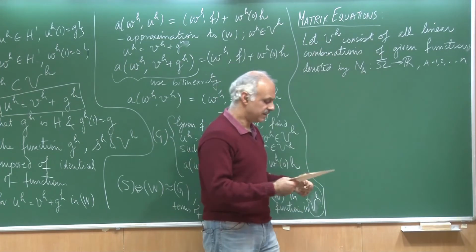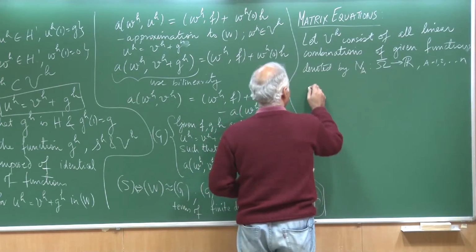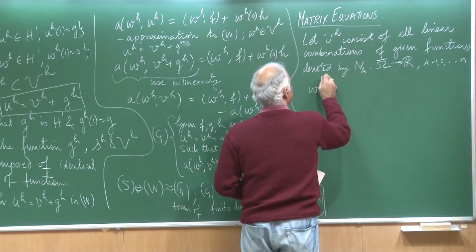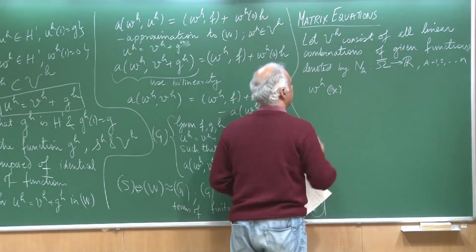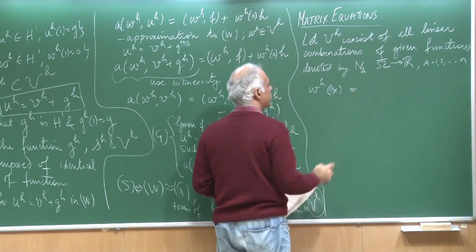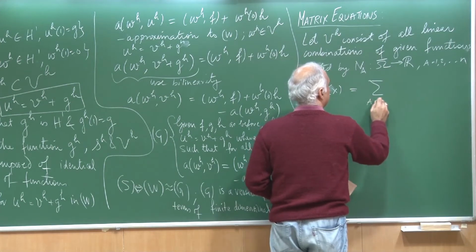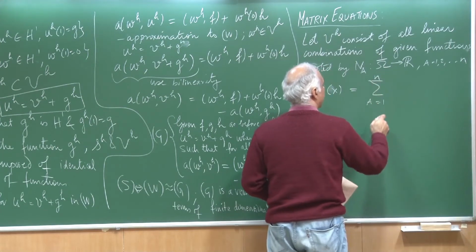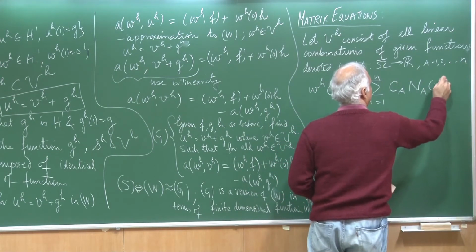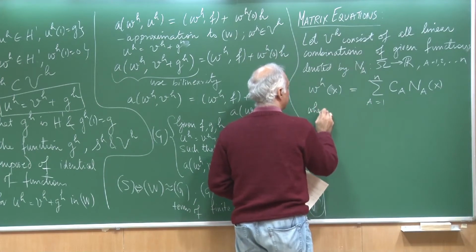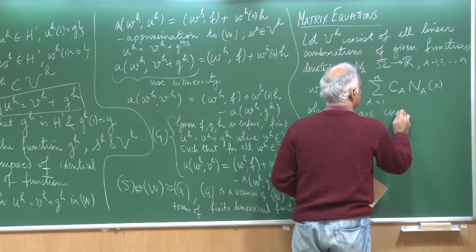So I could write that essentially if I want to represent Wh, a function, so let me say this Wh is a function of x, then this would be given as a linear combination, summation A going from 1 to n of C_A times N_A(x), where C_A's are constants.